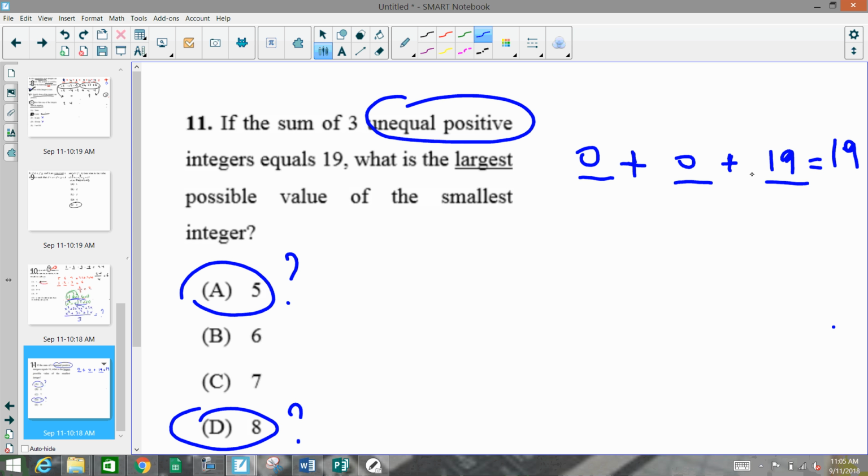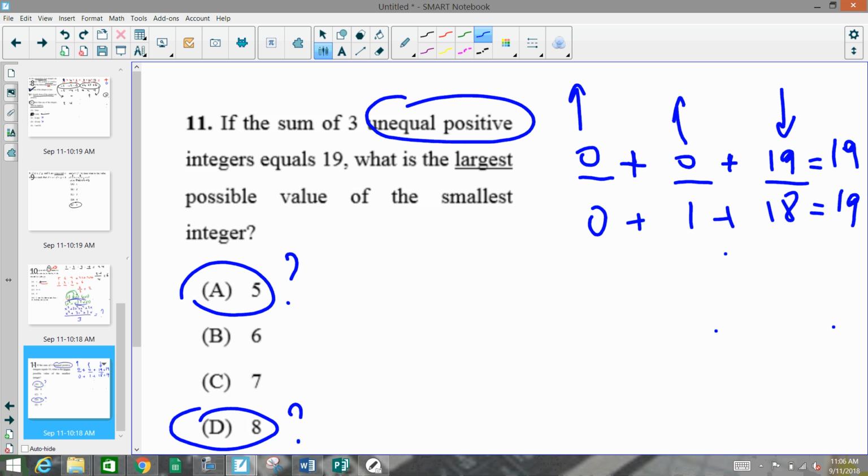Play with that in order to increase these, and then decrease that one in order to keep the same value. So what do you suggest? Let's try 0, 1, 18.